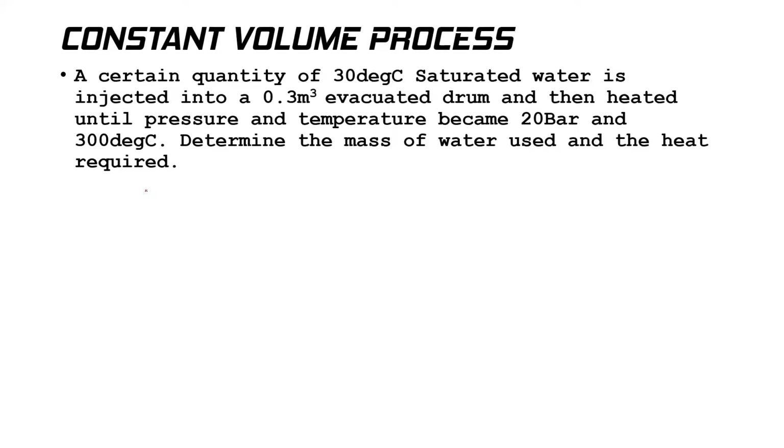In this problem, we have a certain quantity of 30 degrees temperature water, so it is a saturated water. That is our Tsat, which has a volume of 0.3 cubic meters.